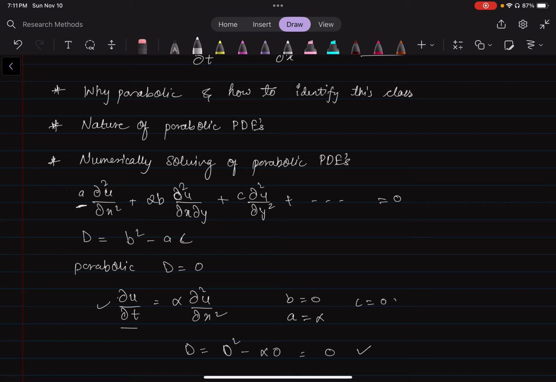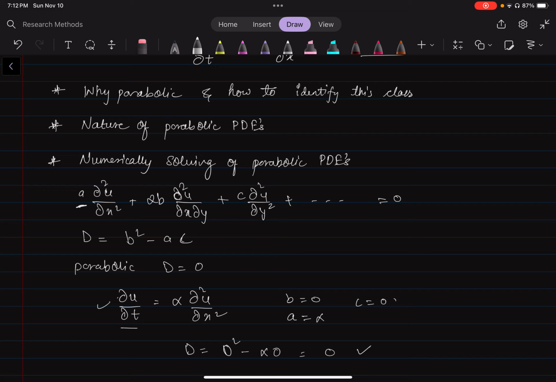Once we know that a particular PDE is identified as a parabolic PDE, then we can look into the nature of these PDEs. But before going into the nature, let's see why these equations are called parabolic. That is because of the mathematical characteristics of these parabolic PDEs. In quadratic equations also, the cases which have discriminant as 0 have a parabolic behavior, and the solutions basically have geometrical analogies to a parabola.